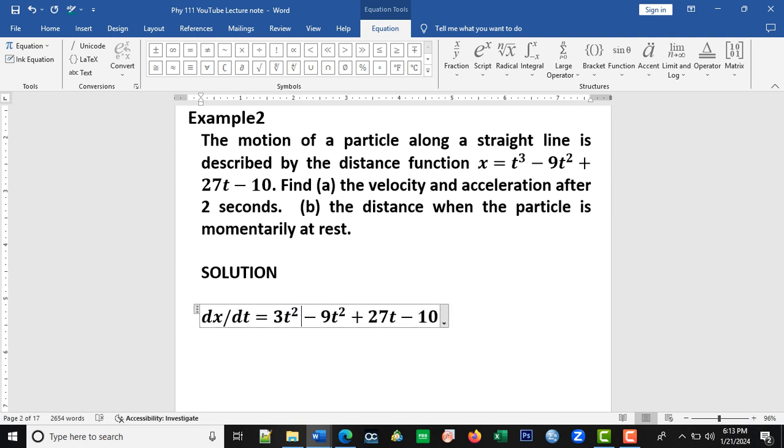Okay, so here would be 9 times 2. Then the 2 here reduces to 1.